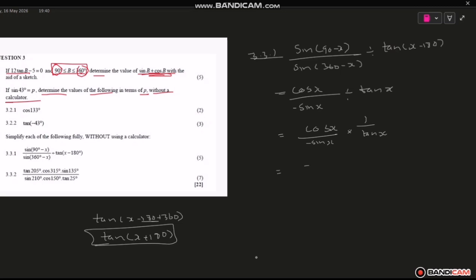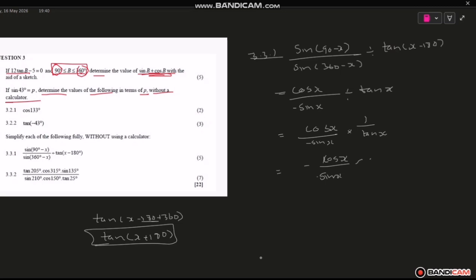Therefore, it's going to be negative cos x over sine x times the reciprocal. 1 over tan x is the same thing as cos x over sine x, because this is a reciprocal.